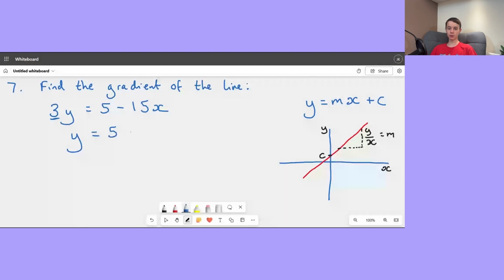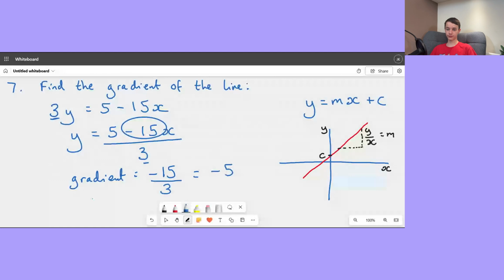And because what we do to one side we have to do to the other, it's y equals 5 minus 15x divided by 3. Now, m is the coefficient of x. So the minus 15 here is the coefficient of x. The gradient is the minus 15, but it's divided by 3. So it's -5 is the gradient.